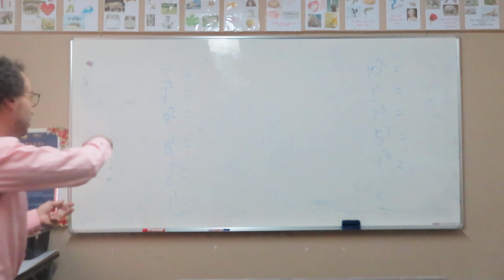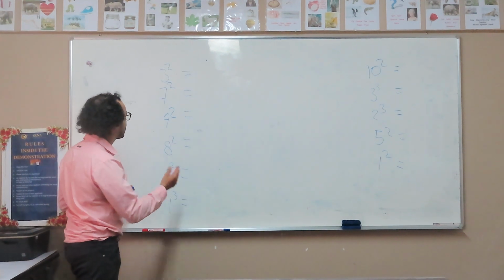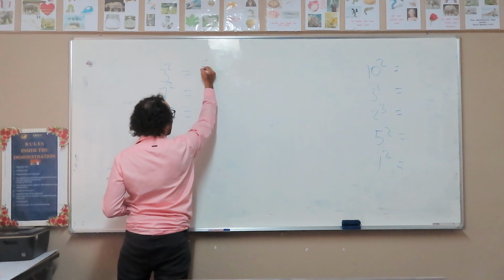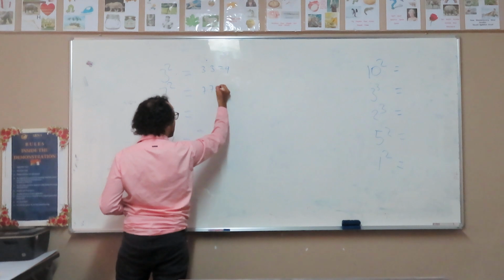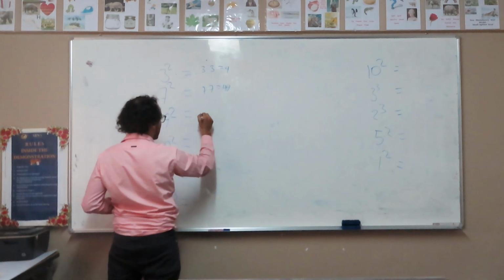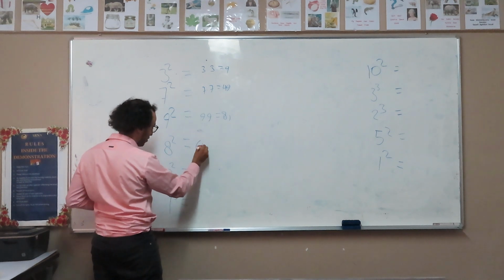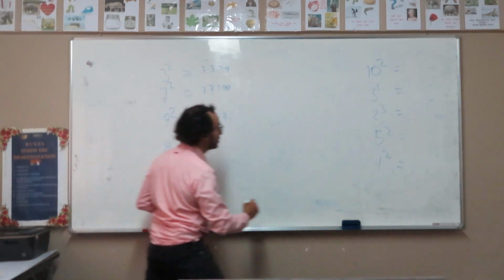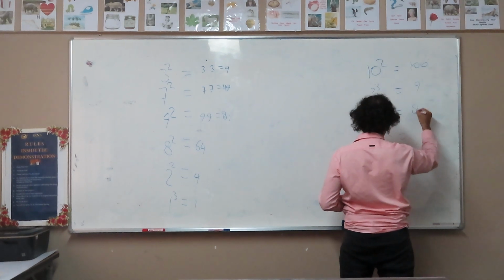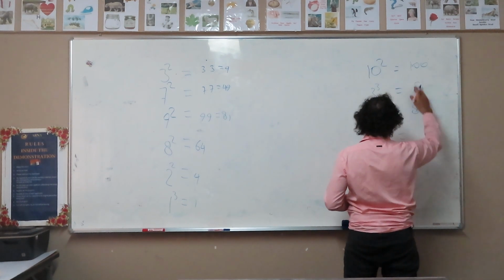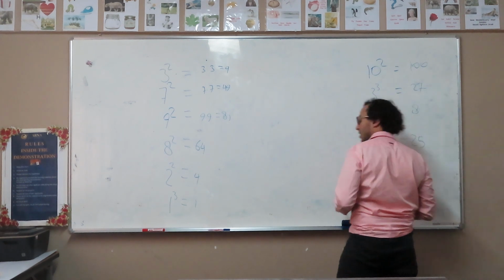And then the students will run to the board, and this time I assume they understand what we need to do. So 3 multiplied by 3 is 9. 7 multiplied by 7 is 49. And then you can continue. 64, 4, 1, 100, 9, 8, oh no, 27, sorry, 25, 1.